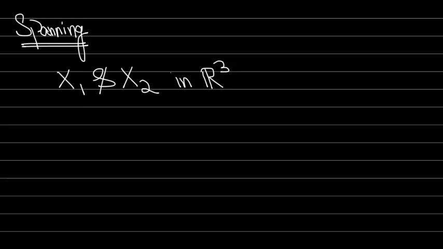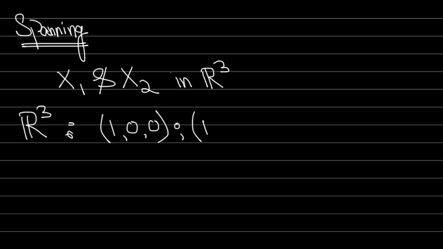So that means that if we have a set of linearly independent vectors, then they span the entire vector space. So let's look at an example in, of course, R3. Say you have a set of basis vectors: 1, 0, 0, and 0, 1, 0, and 0, 0, 1.